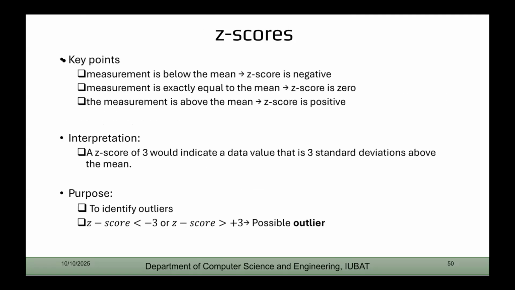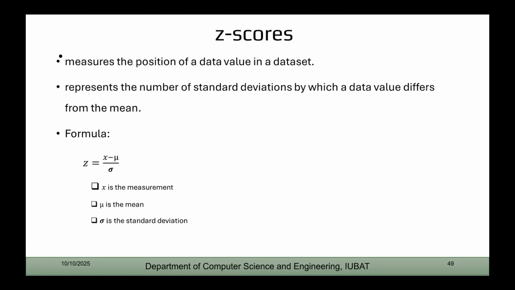So one last point is called Z score. This is very simple, but it is one of the methods that help us to measure the position of a data value in a data set. So it measures the position, right? It represents the number of standard deviations by which a data value differs from the mean.